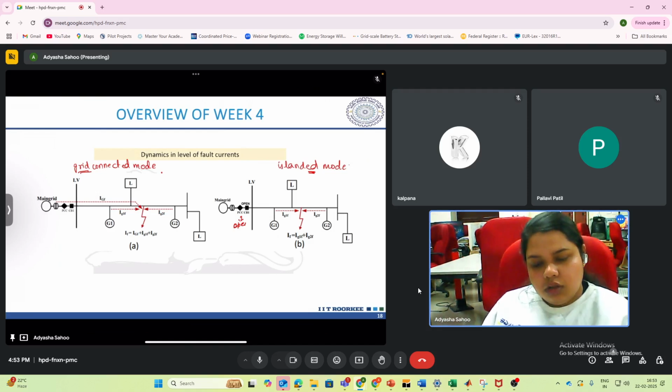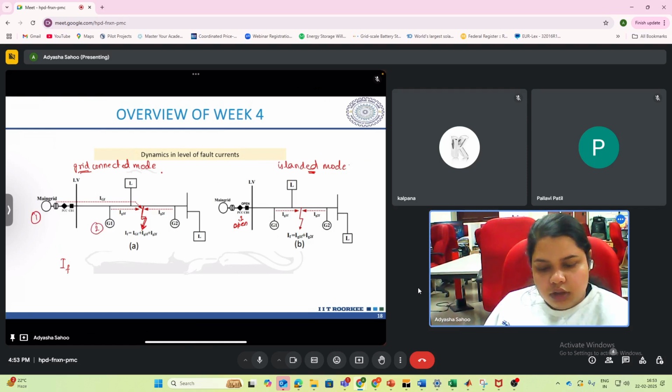When it is in grid connected mode and let's say there is a fault taking place here, you have three sources to feed this fault current. First is your main grid, second is your distributed generator G1, third is your distributed generator G2. So IGF is the fault current fed by the main grid.